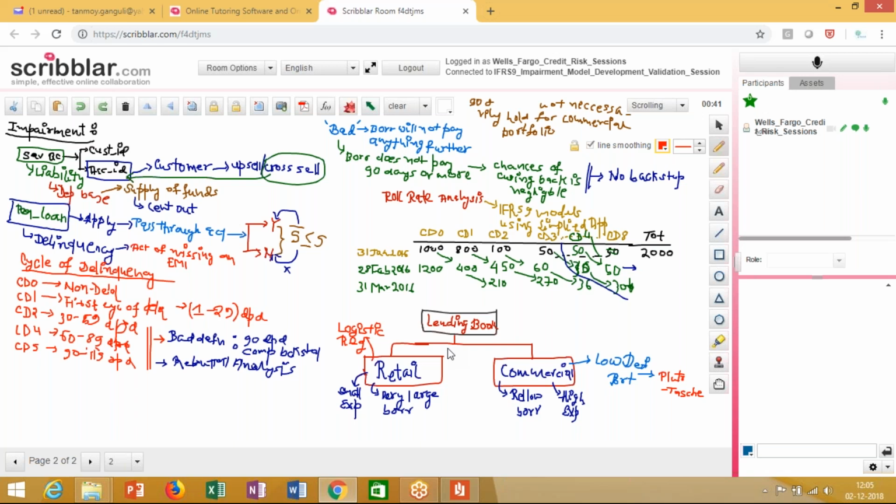Now, if I look into the Basel classification, Basel classifies retail assets into three groups. One is the qualifying revolving retail exposure, which comprises revolving or open-ended products like credit cards, overdraft facilities, etc. The second group is mortgages, which are collateralized assets, where the bank gives a loan to someone to buy a home, and that is backed by the asset itself.